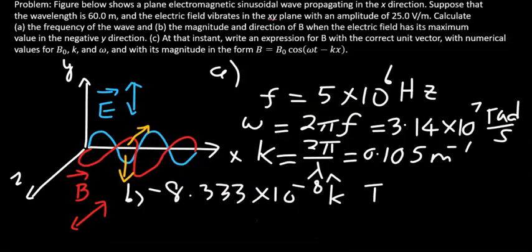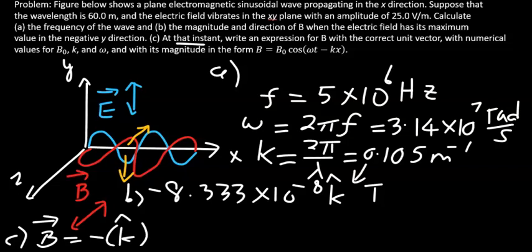Now part C. At that instant, write an expression for the magnetic field with the correct unit vector with the numerical values for B naught, k, and omega, and with its magnitude in the form of that. So the vector B at that instant has a direction of minus k hat, as been worked out in part B, so minus k hat.